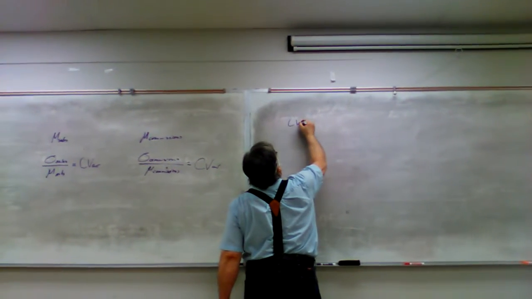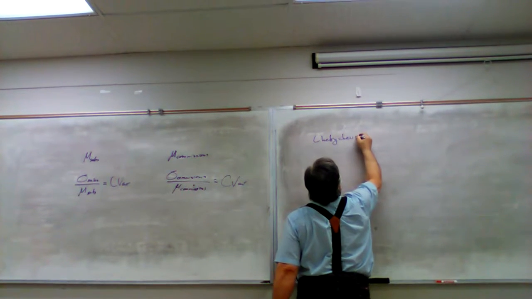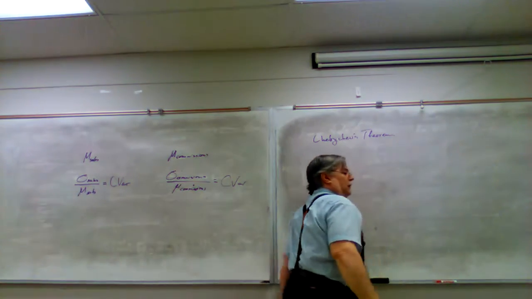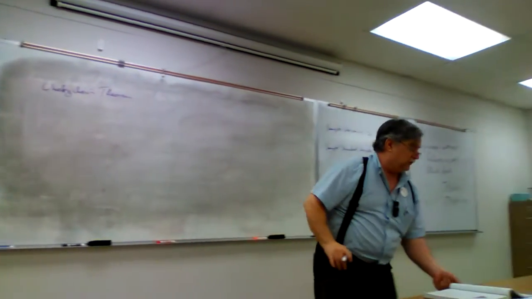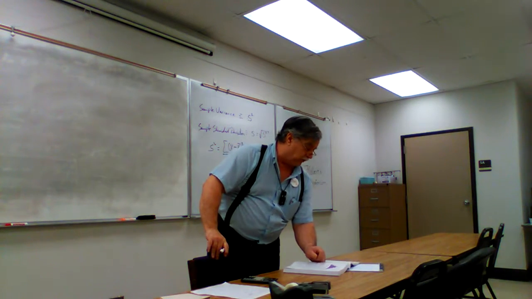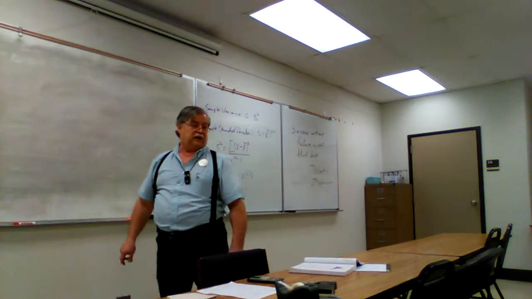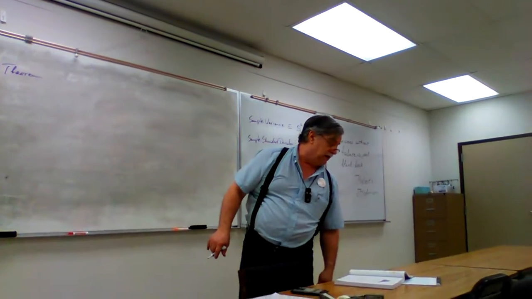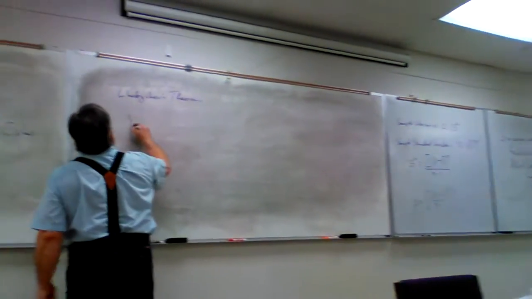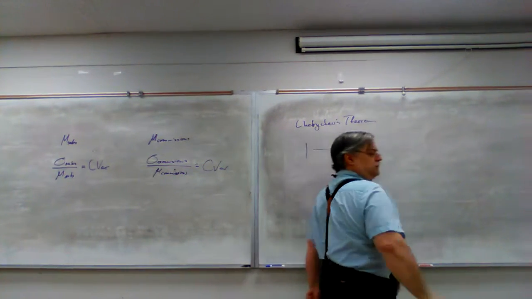Chebyshev's theorem, and it's on page 148 if you want to read it. The proportion of a data set that will fall within K standard deviations of the mean will be at least 1 minus 1 over K squared.